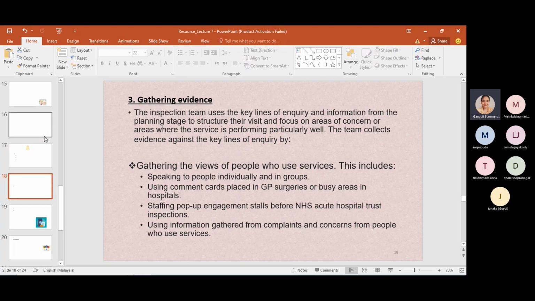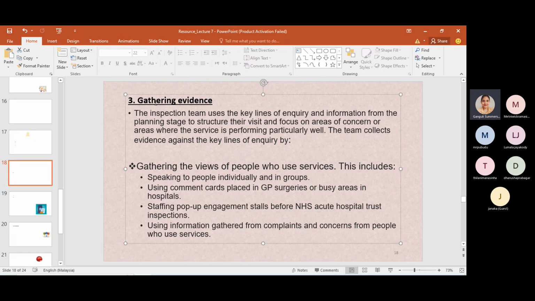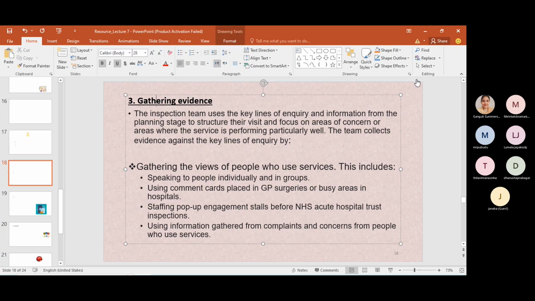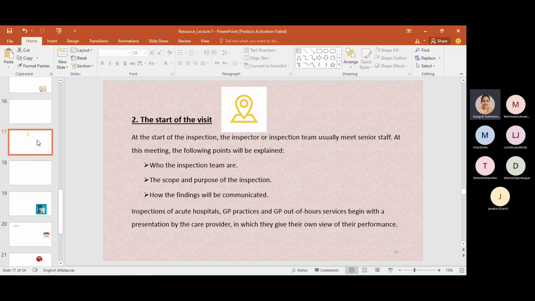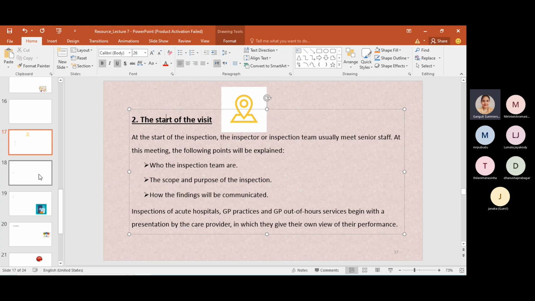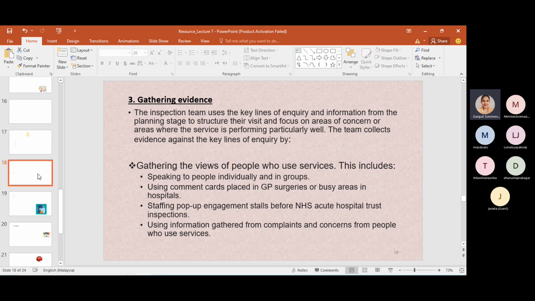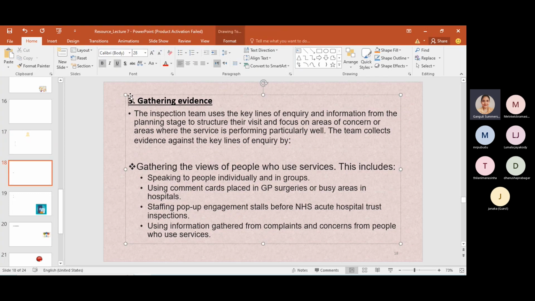Okay, and gathering evidence. Gathering evidence means whatever happens during the inspection process. Once they finish the start of the inspection, the CQC proceeds to the next stage, which is gathering evidence.